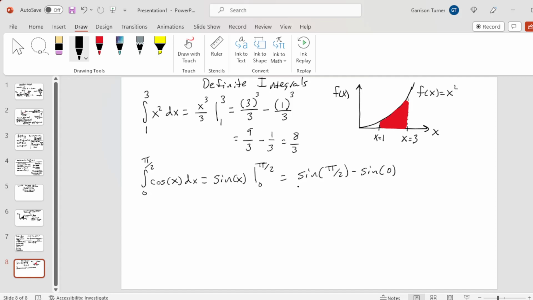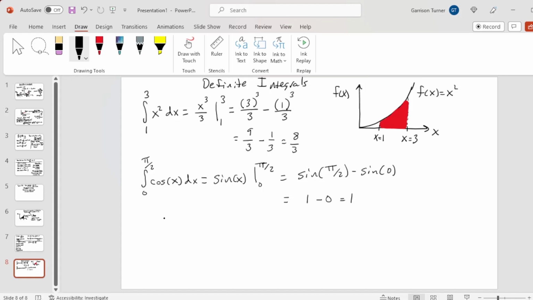If we assume that we're in radians, which these measurements are in nature anyway, it's a very safe assumption. The sine of pi halves is, of course, 1. The sine of 0 is 0.